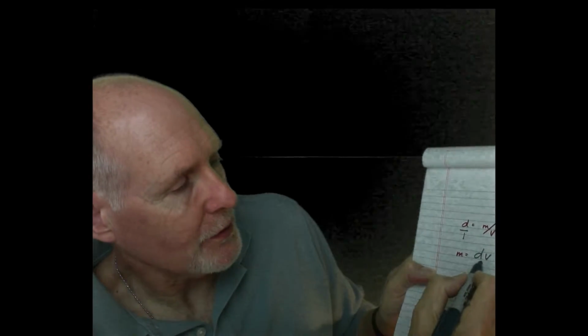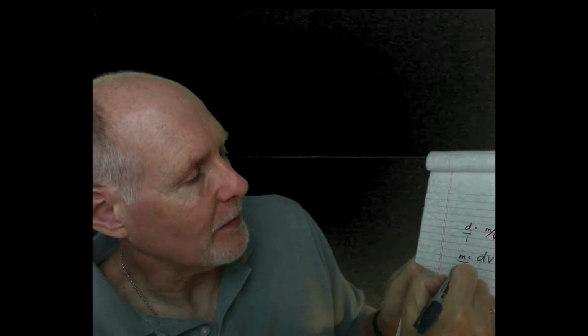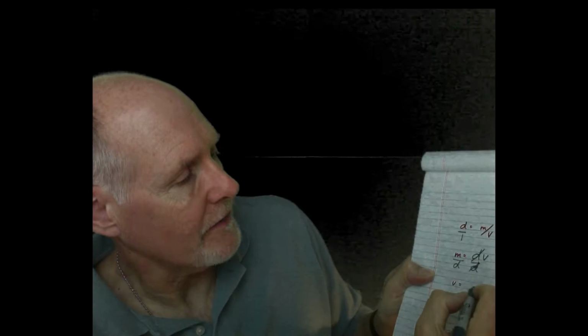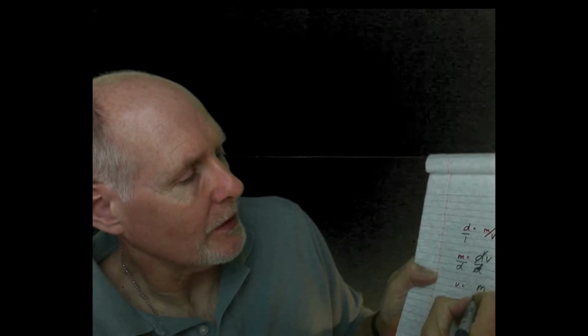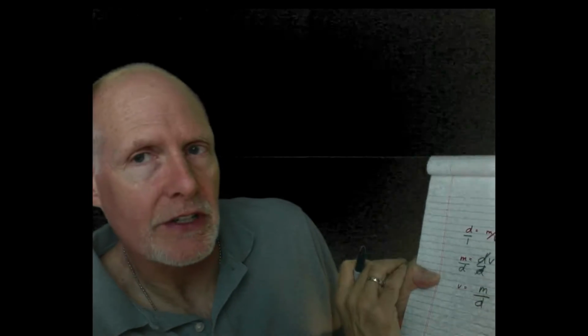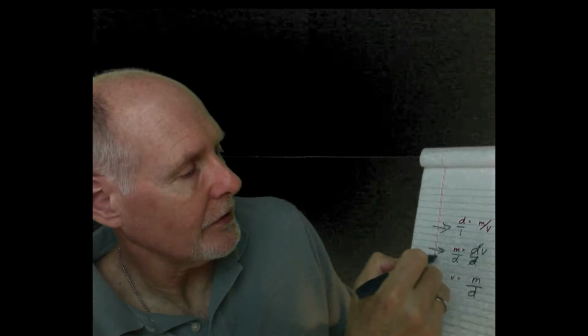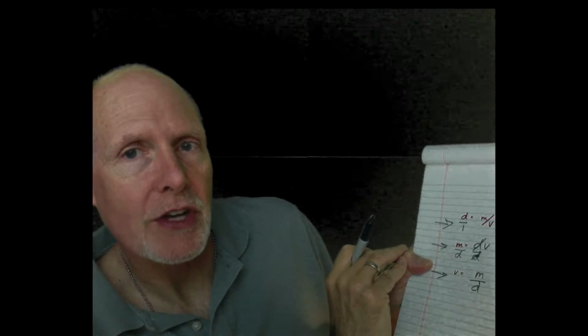So we could start with this one right here, and we would divide both sides by density. That would cross that off. That would leave us just volume. So volume is equal to mass divided by density. You'll need to know these 3 formulas to answer some of the questions on that worksheet. Okay, so that's an assignment for you this week as well.